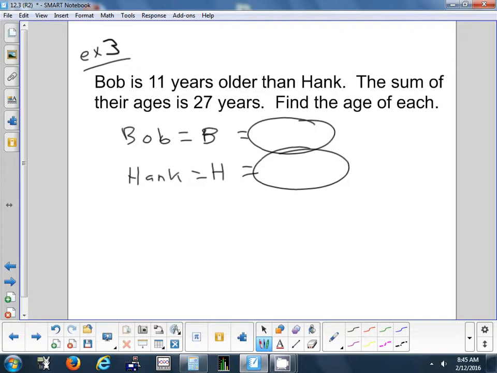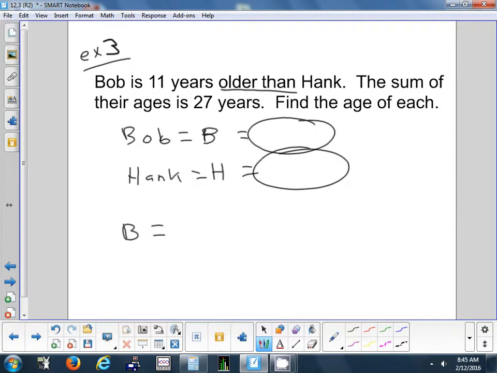All right, so it says Bob is. Okay, how would you write Bob is? As an equation. Bob is, yep. Good, Bob is. Now, this is the key phrase we have to interpret. Older. Okay?